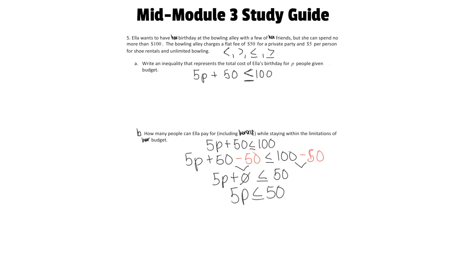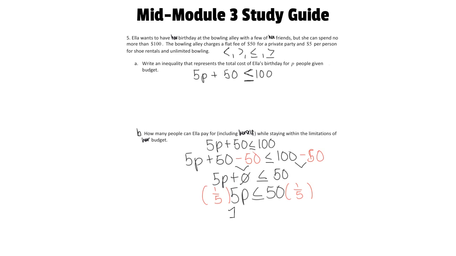So because it's a multiplication problem, I need to know my multiplicative inverse. The multiplicative inverse of 5 is 1/5. So I'm going to multiply both sides by 1/5. Now, a value times its multiplicative inverse is always going to give us 1.